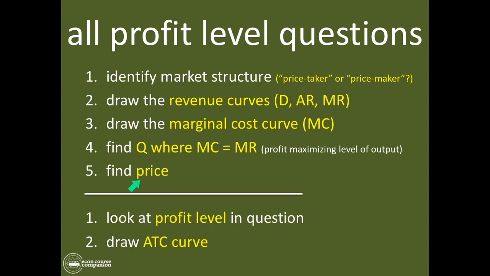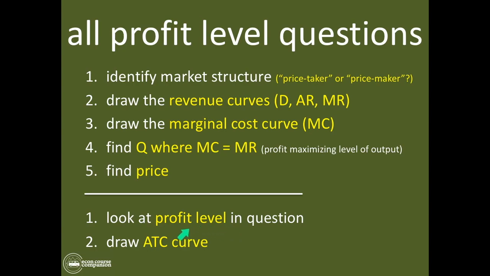No matter the profit level, no matter if they're asking you for abnormal profit or normal profit or loss, I'm telling you, you just draw the same diagram, okay? When you get to this point and you have found price, you back off and you say, hey, I got this. What kind of profit level are you looking for, Mrs. IB, Mr. IB?